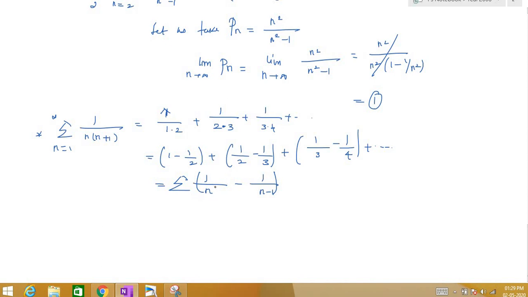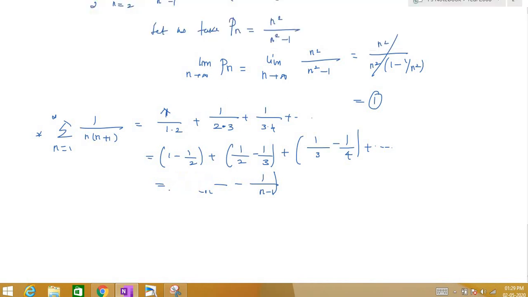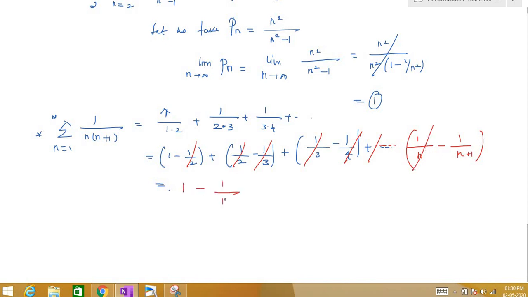If you add up all of this, these two will get cancelled, these two will get cancelled. So at last you will have 1 by n minus 1 by n plus 1. Again this term and the first term of this term will cancel. So we have the first term and the last term, right?